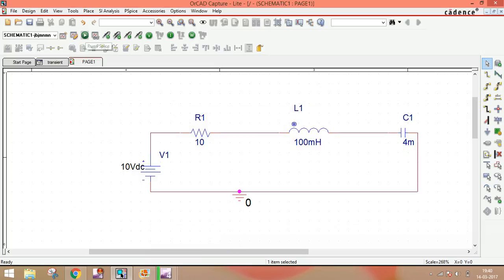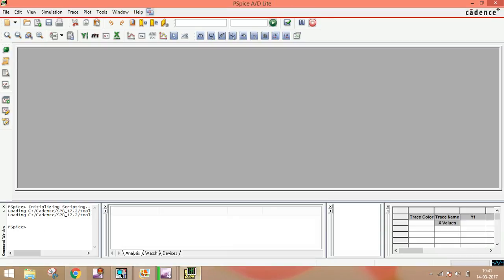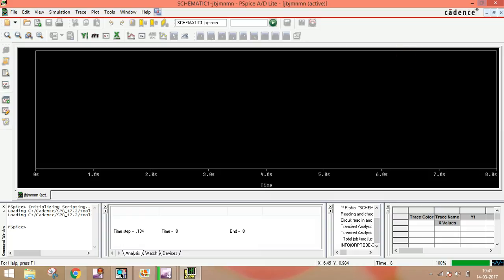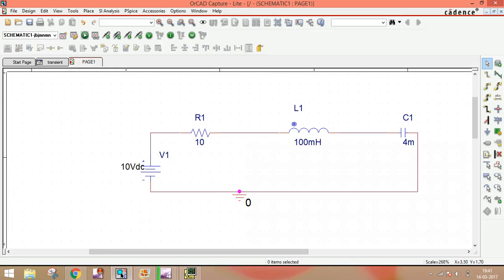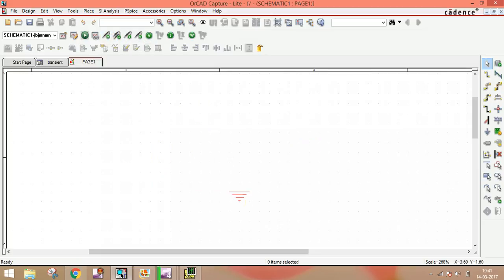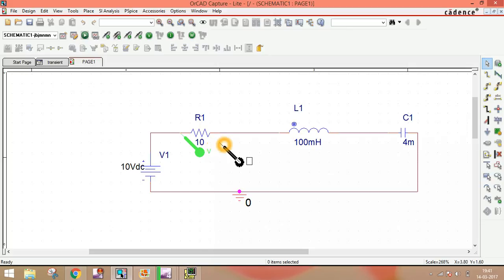We forgot to place the marker. We don't measure a voltage, we have current, so set the current marker at the resistance. This is a series circuit, so all currents are the same, it doesn't matter where you place the marker.